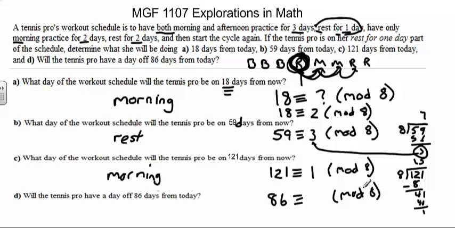Well, I know 8 times 10 is 80, so the remainder is 6. So you could go 6 days into the future. 1, 2, 3, 4, 5, 6. So that would take us to both, morning and afternoon practice.